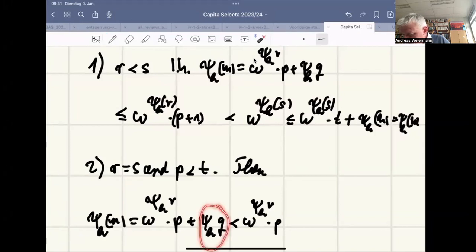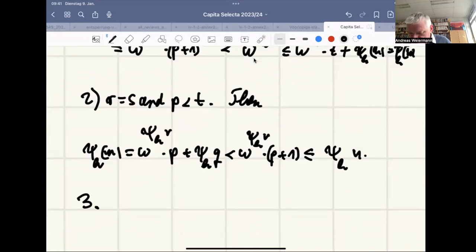This term here is bounded by this term here. So it's bounded by this term plus 1. And now this is bounded by p plus 1. You see here it is less than or equal to t. So this is less than or equal to ck of n.